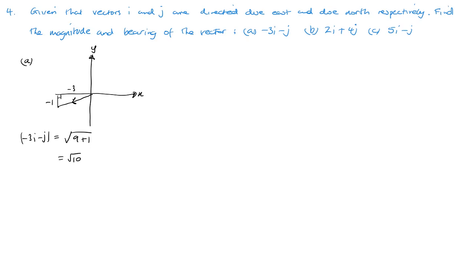In terms of the angle, let's find this angle first. It's alpha, and tan alpha is opposite over adjacent. So inverse tan of 1/3 gives me 18.4 degrees to 3 significant figures.